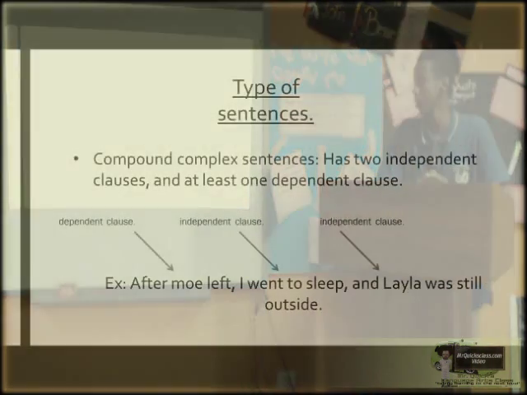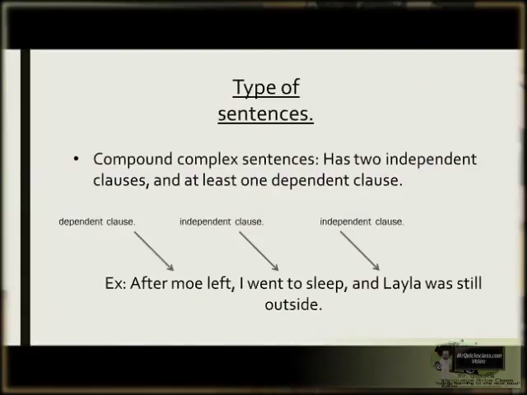And the next type is a compound complex sentence. This might be the hardest type of sentence to understand, so I'll go through it slowly. It has two independent clauses and at least one dependent clause, and you can separate each clause by using a comma, semicolon, and all those good things.